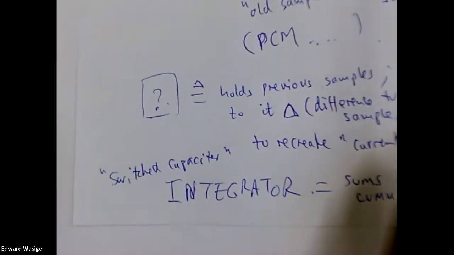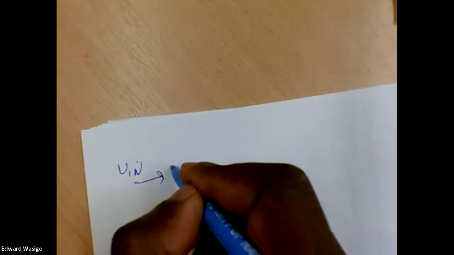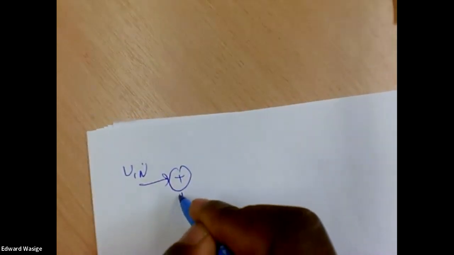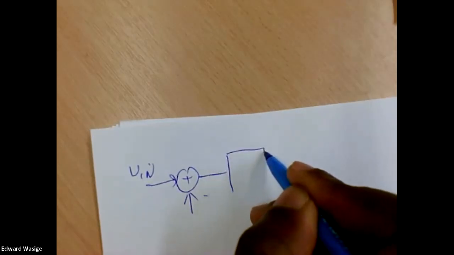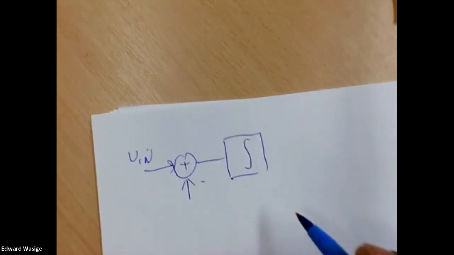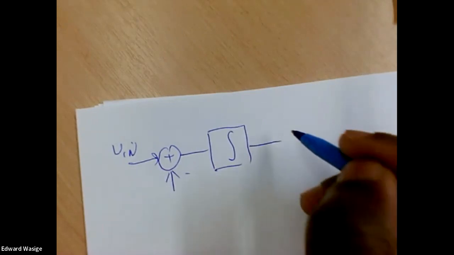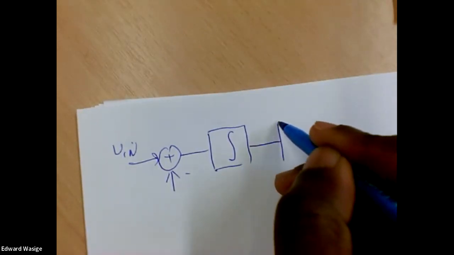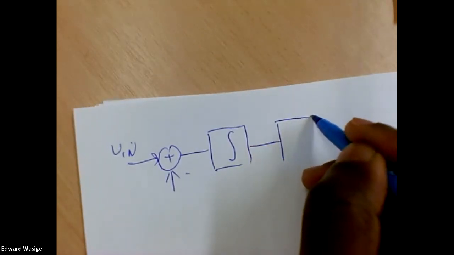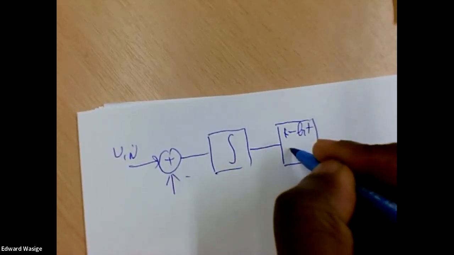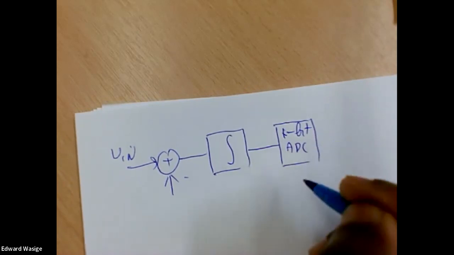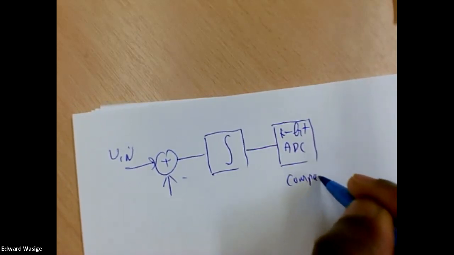So if I draw the block diagram of this, we have V in. Here we have the feedback signal. At this point, we have the integrator. At this point, we can actually use a 1-bit ADC, which is essentially a comparator.